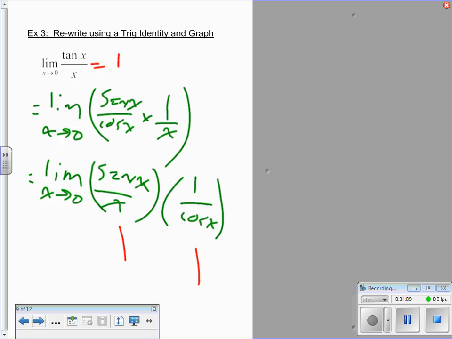It will not ever be 0 because I'm not actually getting to 0, and technically this is undefined at 0. But I don't care what's going on at 0. 0 is like on the other side of the wall, but I'm going to get as close to that wall as I can get. What about 0.1? 0.1 is still not 0.